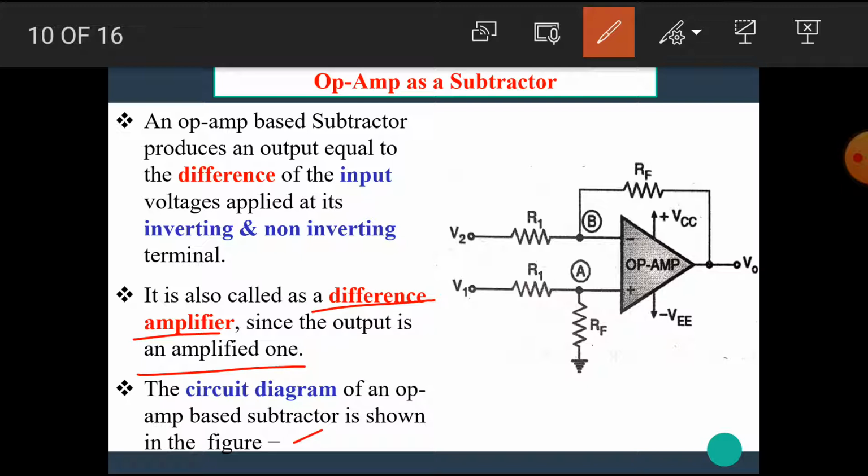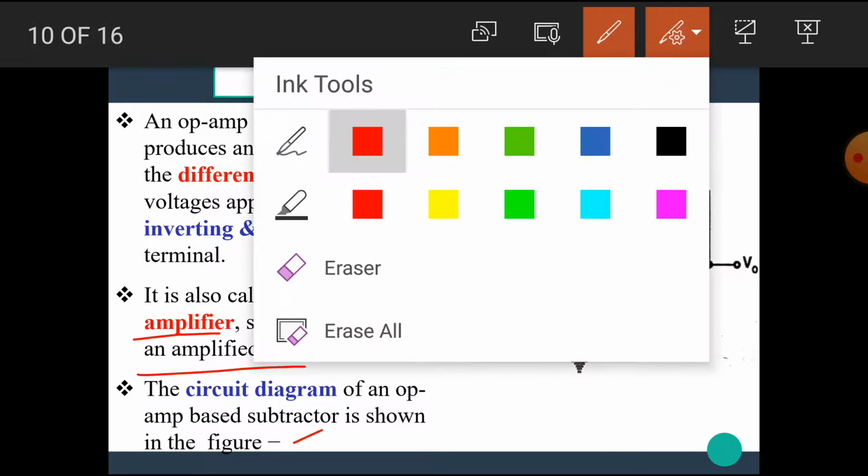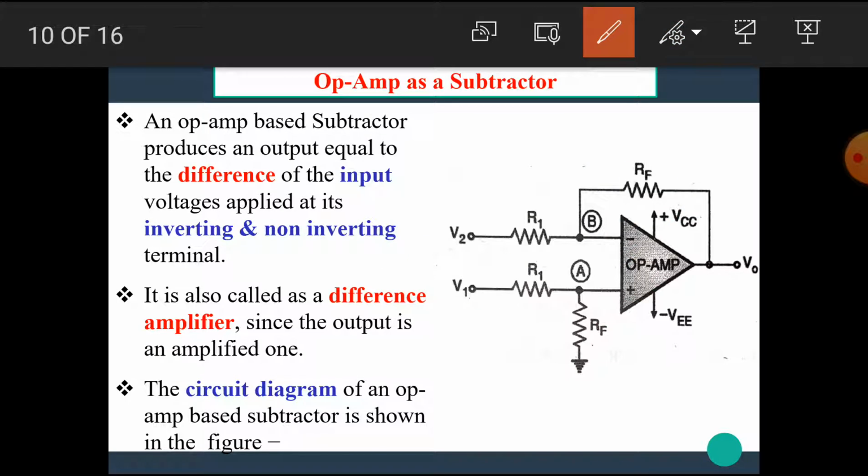In this diagram we can see that V1 is connected to the non-inverting terminal through R1. Similarly, V2 is connected to the inverting terminal through R1. Here RF is the feedback resistor, and make sure that the value of RF is equal to the value of this resistor which is connected between the non-inverting terminal and ground.